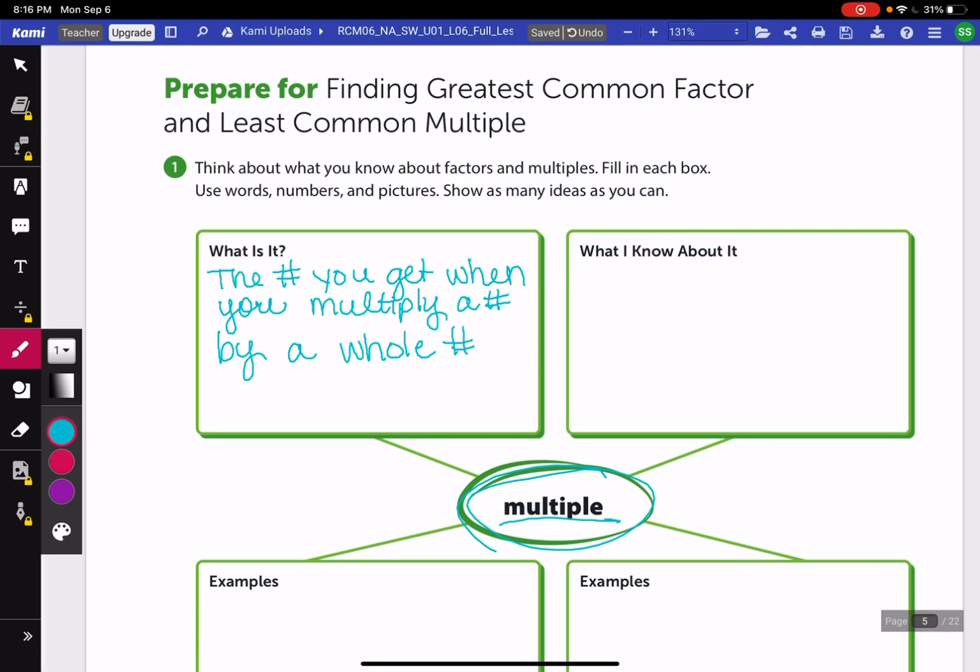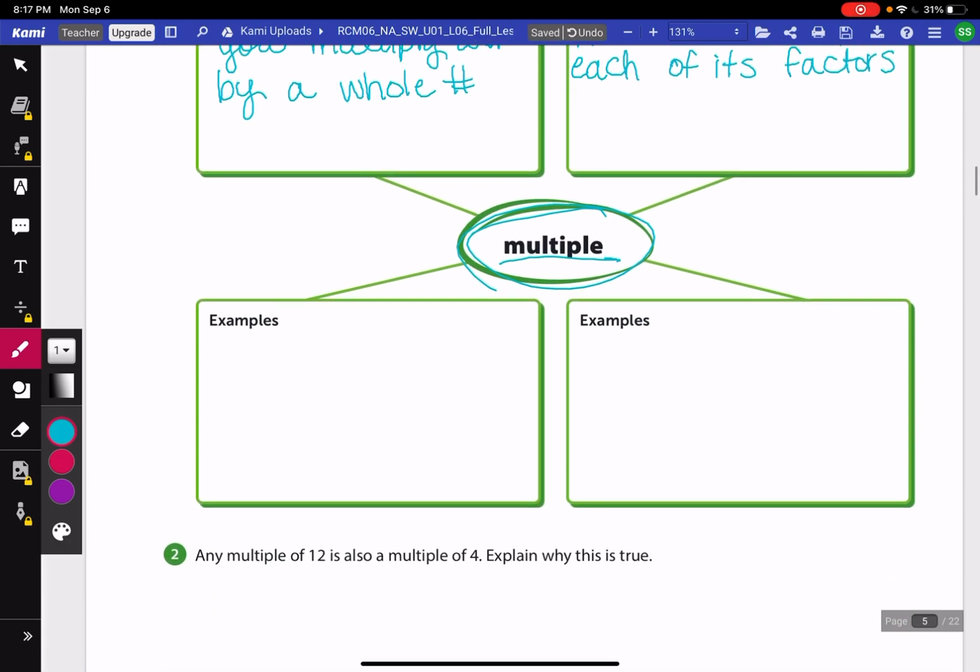What do I know about it? Well, I know that a number is a multiple of each of its factors. What are some examples of a multiple?